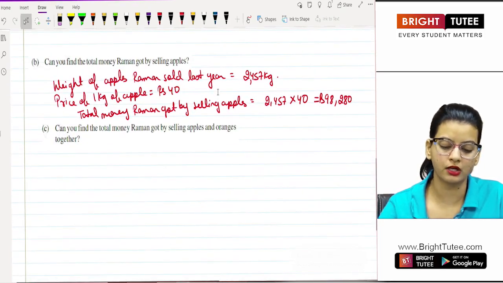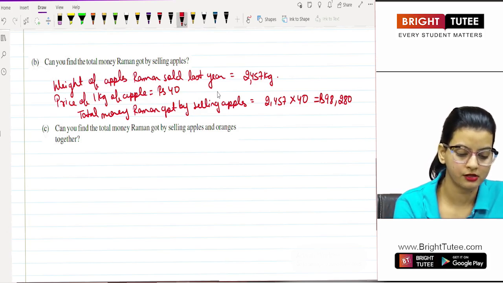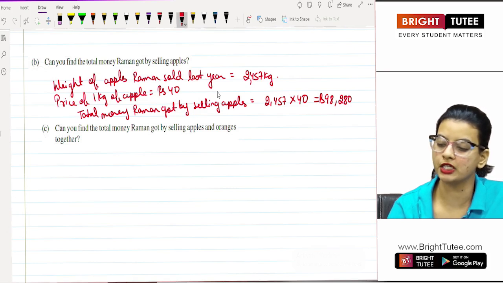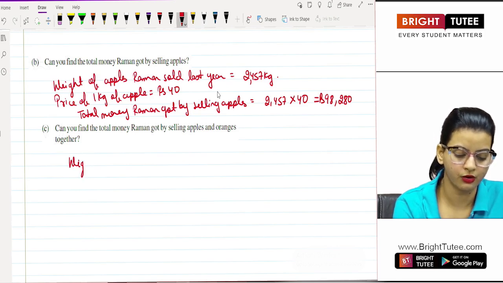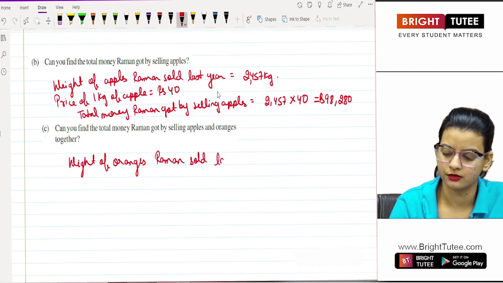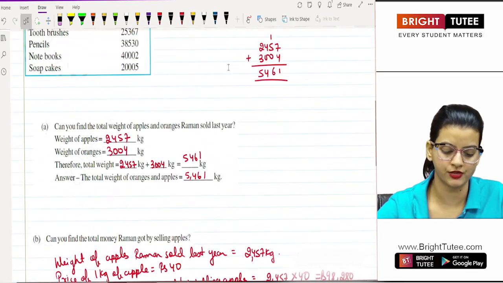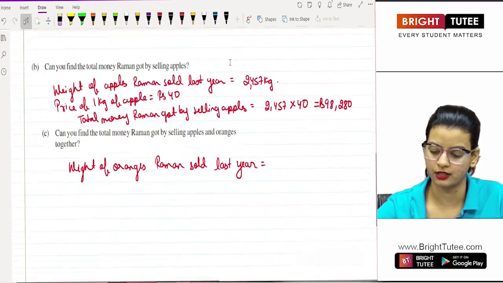Now can you find the total money Raman got by selling apples and oranges together? We have calculated how much he got by selling apples. Now let's calculate how much he got by selling oranges. The weight of oranges Raman sold last year is 3004 kg, right?